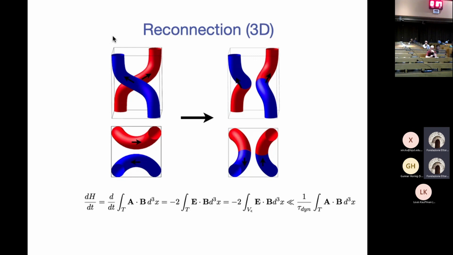And the process adds a little bit of twist to the flux tube, and that can be measured via the helicity. So if you write down the evolution equation for the magnetic helicity, A dot B, you find, if you integrate over the volume, that the source term is the term E dot B, the electric field times B. Now, this electric field is also the electric field which is responsible for triggering the reconnection.